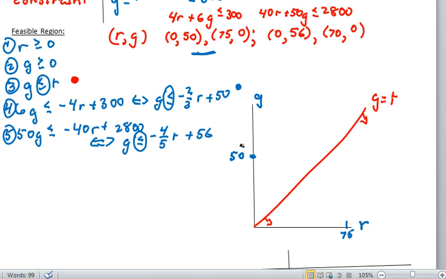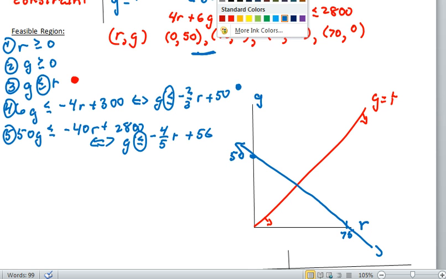Drawing that line will give me this. And for the 5th constraint, I will use the green.